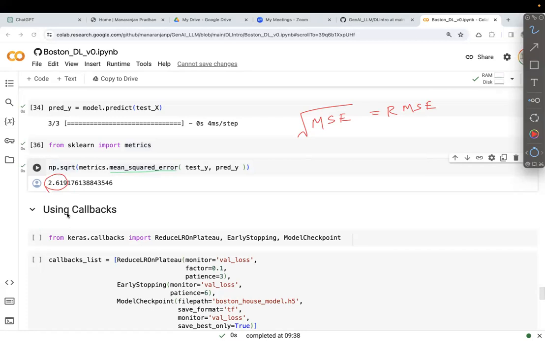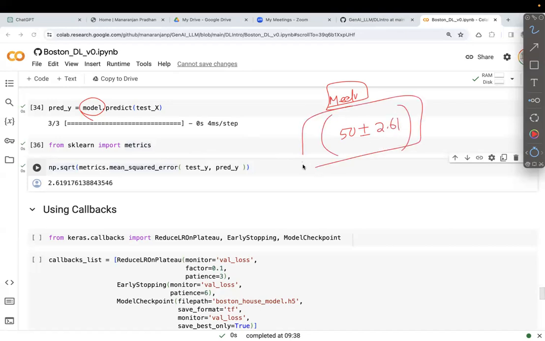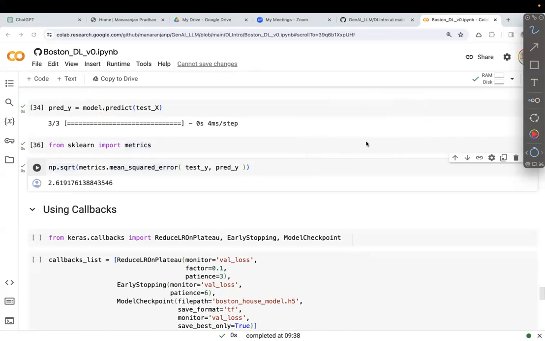So I can interpret this value very naively, of course. This is a standard deviation estimation, but naively I can say that if I take this particular model that I have built here and predict the median value of the price of the houses, if it predicts that the median value is about $50,000, you can think of this as plus or minus 2.61. So that much error we have, but pretty good actually compared to that. $2,000 here and there, $2,600, right?